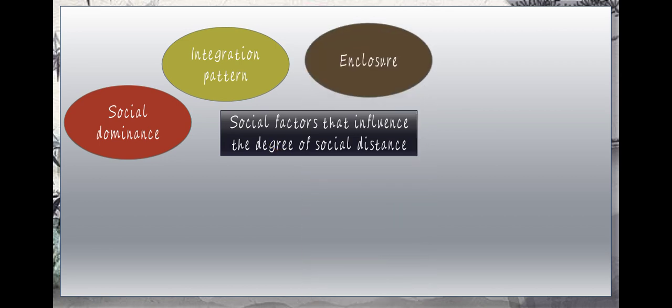And the next factor is enclosure. Enclosure refers to the degree to which the second language learning group and the target language group share the same social construct, such as schools, clubs, recreational facilities, professions, and trades.